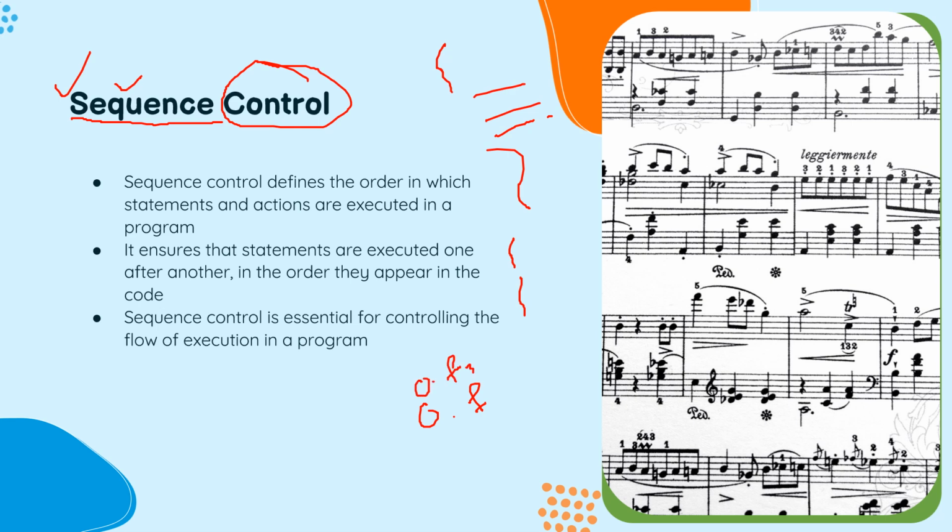These functions can be written anywhere, so the object can call the function according to its requirement and the statements can be executed one after another. But how to execute a particular statement can be controlled by the sequence control.